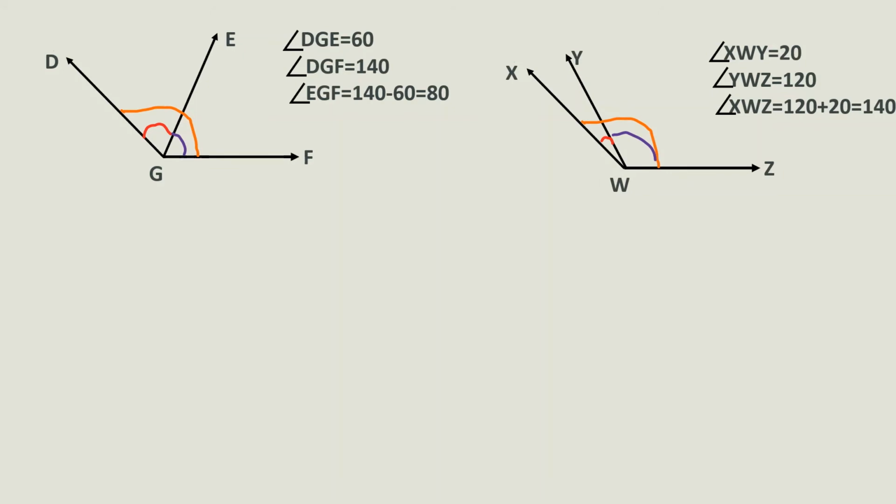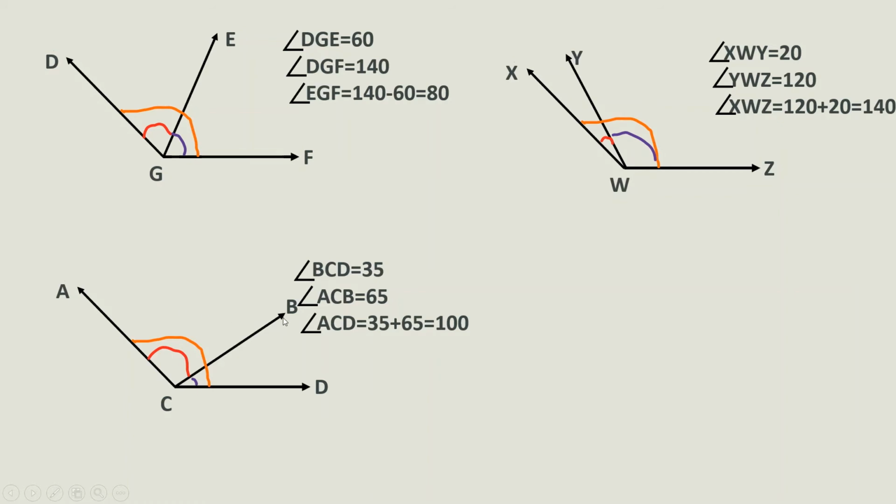In this example, we know that XWY is 30 degrees and YWZ is 120 degrees. We're trying to find out XWZ. Now instead of subtracting, we're adding because we're finding this whole part, but we only know this angle and this angle. So we add 120 degrees and 20 degrees, which gives us 140 degrees.